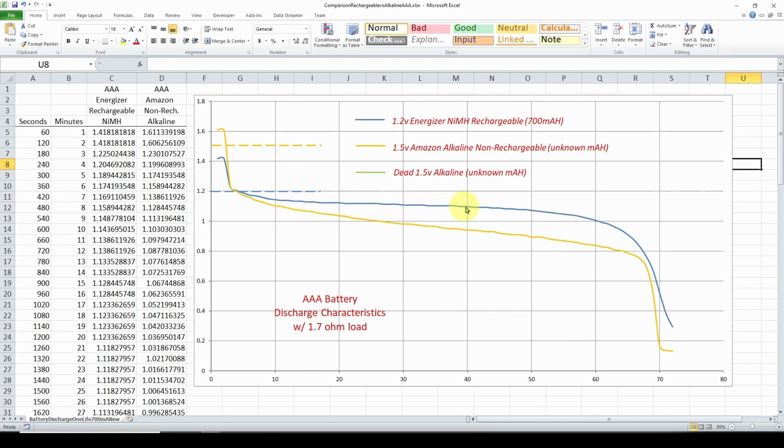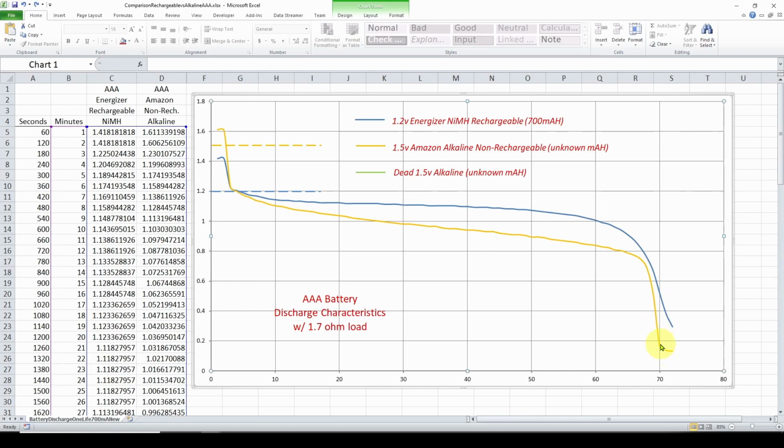So the Panasonic stays up a little bit higher. This drops a lot over time. So again, after over an hour, we're at 0.8 volts. And then in the same way, around 70 minutes, it drops off to almost nothing. You can see it's around 0.1 volt. So again, the battery's voltage changes over time, and it depends on how much load you have.